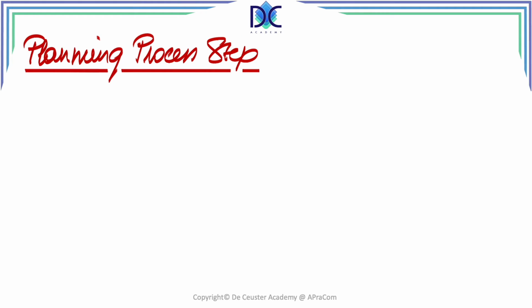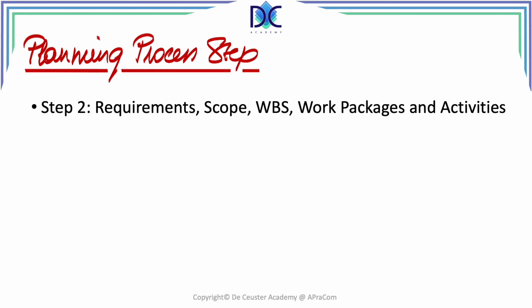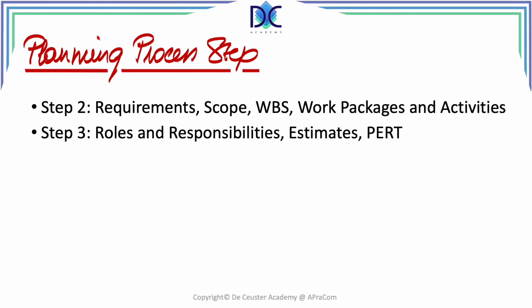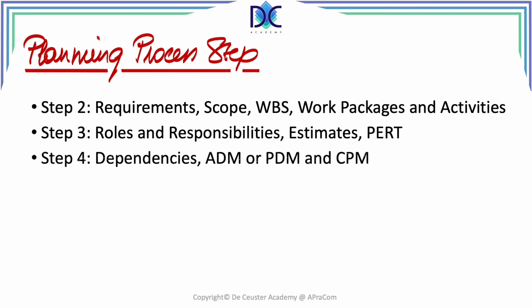When we look at the planning process step, we have more steps. First of all, we have the second step in this 10-step process, which is about requirements, the scope, the work breakdown structure, the work packages, and the activities. Step 3 is about roles and responsibilities, estimates, and PERT estimation. Step 4 is about dependencies.